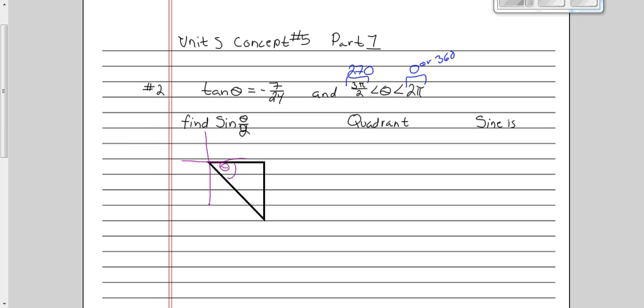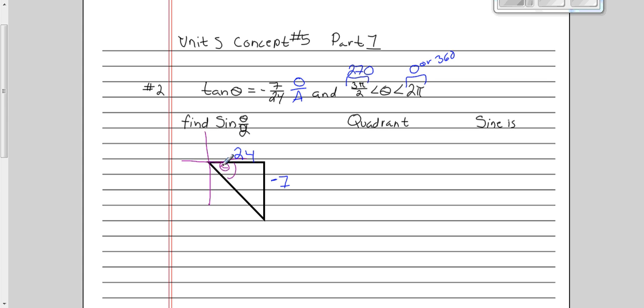So what we can do is start by filling in our information here. We know that tangent is opposite over adjacent. So opposite is going to be negative 7. Adjacent is going to be 24.